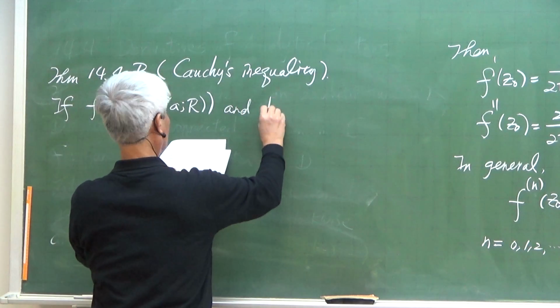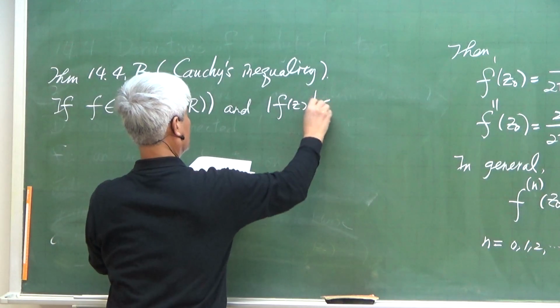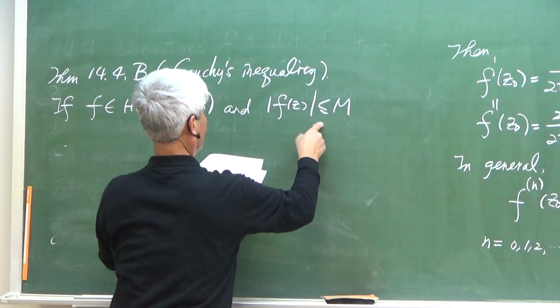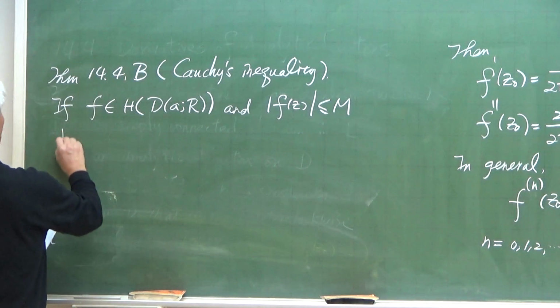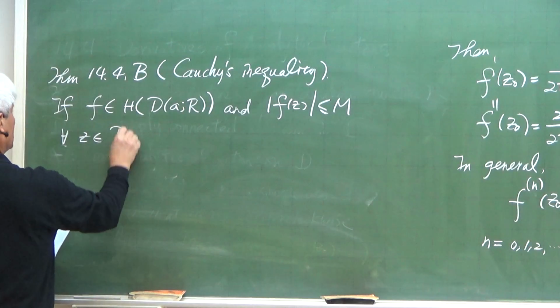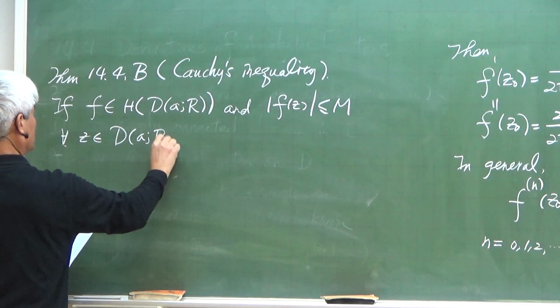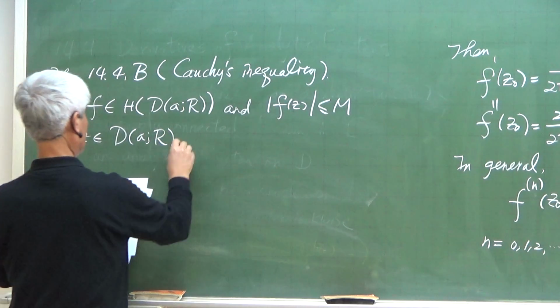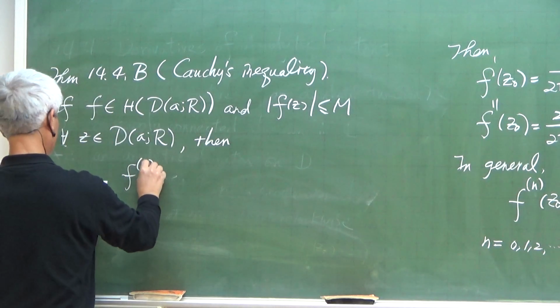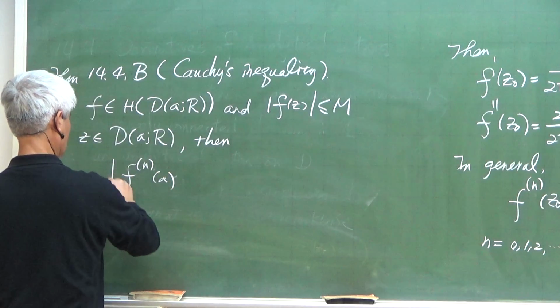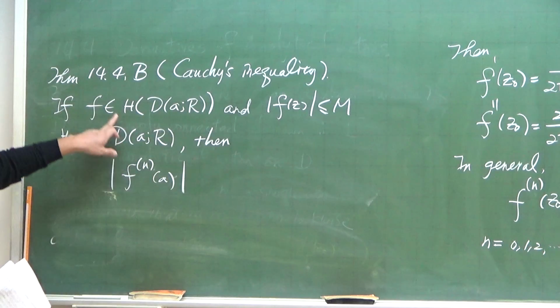And quite often we know that the analytic function is bounded, by M, for all z in this disk. Then we can estimate the nth derivative at the center.